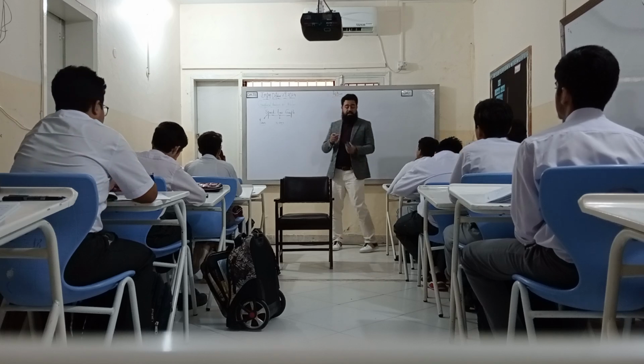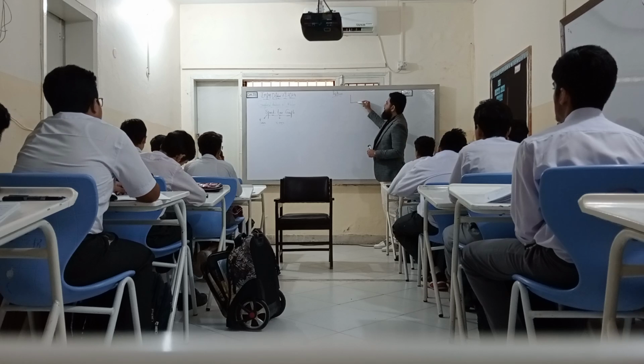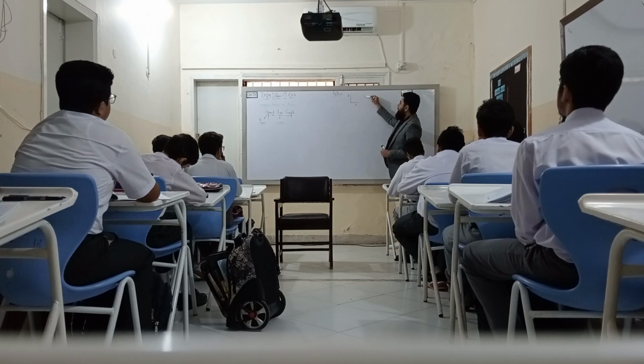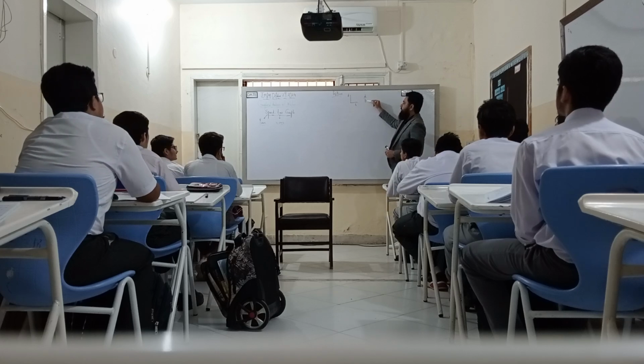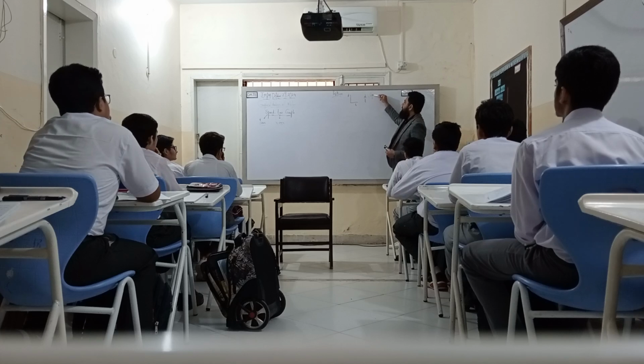The reason is that on the y-axis you had distance and on the x-axis you had time. The gradient formula is y-axis upon x-axis, so distance upon time, which is speed.